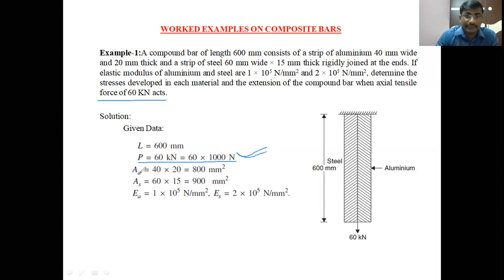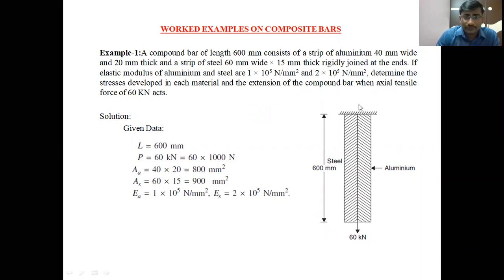If the linear dimensions are in meters, we have to convert them into millimeters. Already the problem has millimeter dimensions, so no need to convert again. Students, this is the first problem in the worked examples of composite bar.